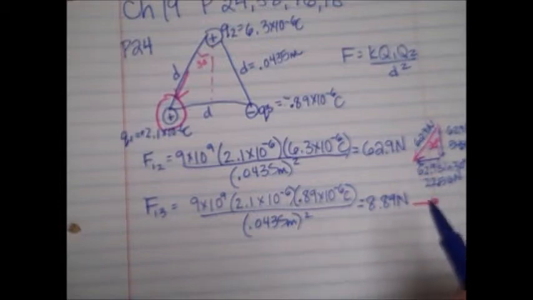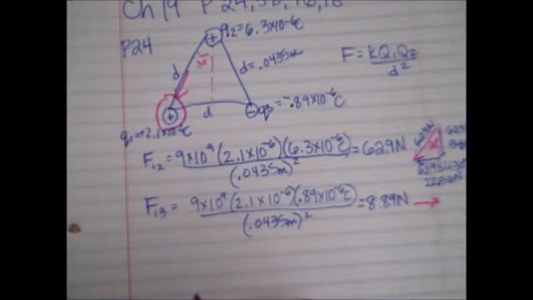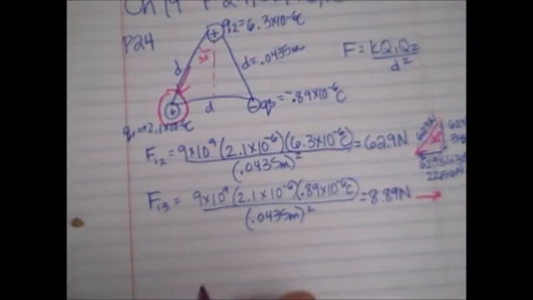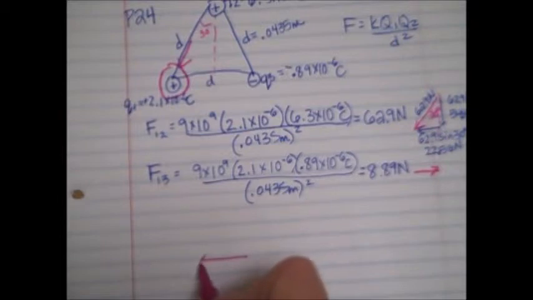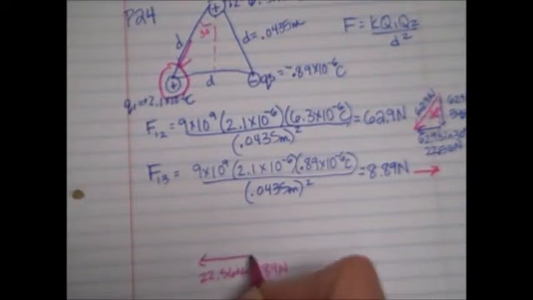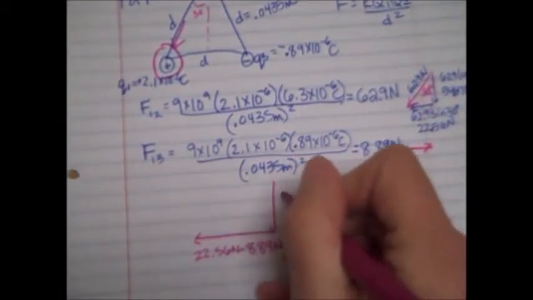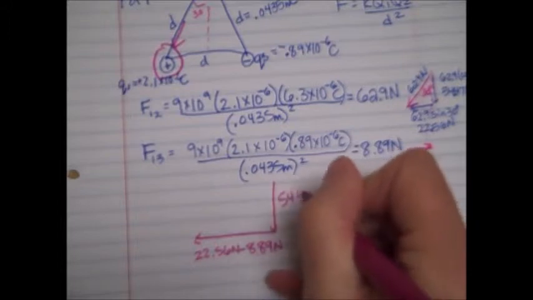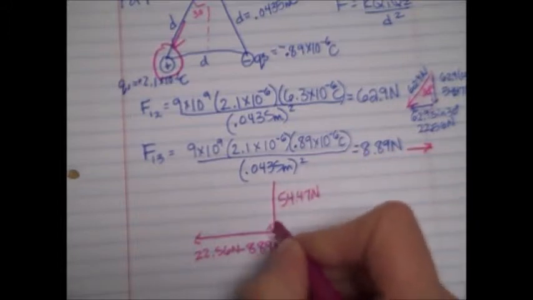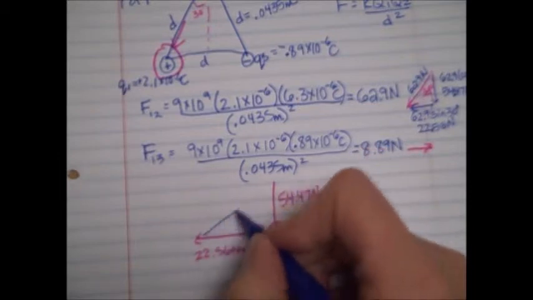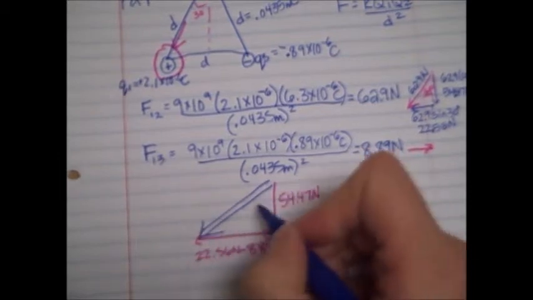Now if you form a resultant triangle and add these all together, we'd have a net result to the left of 22.56 newtons minus 8.89 newtons, because that was going back to the right. And we'd have a downward component of 54.47 newtons. Notice the components are added tip to tail, and then you can find the resultant.